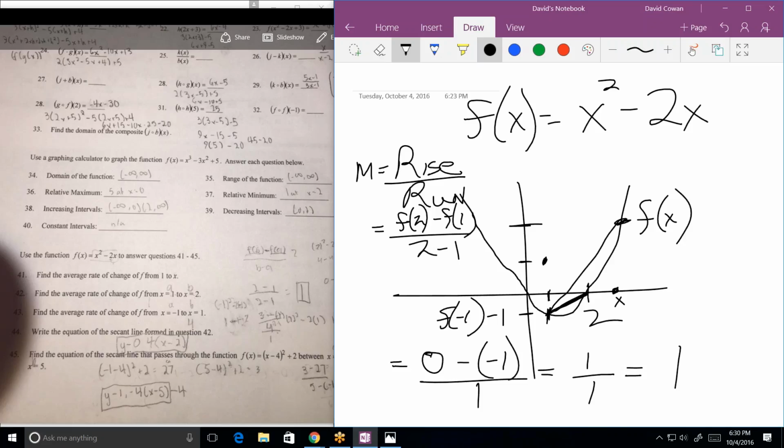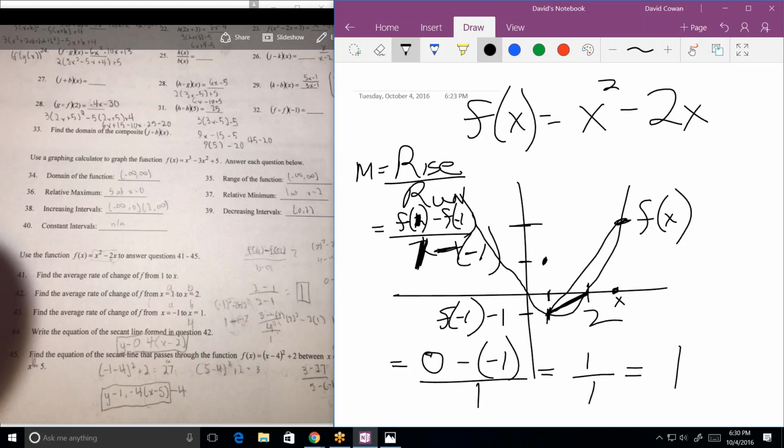And 43 is f of, you always put the right number first. In other words, 43 is f of 1 minus f of minus 1, and it's 1 minus a minus 1 in the bottom. Okay? With me?